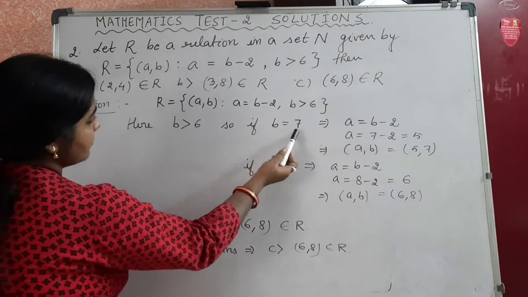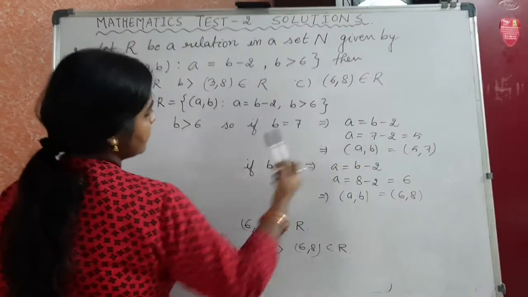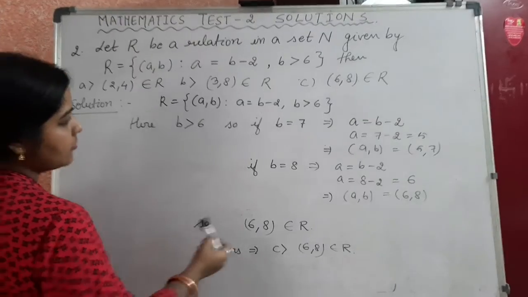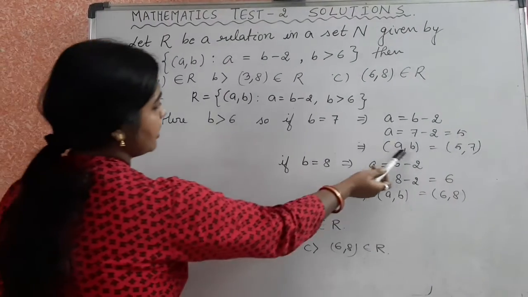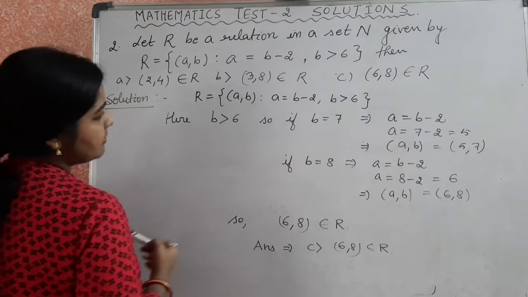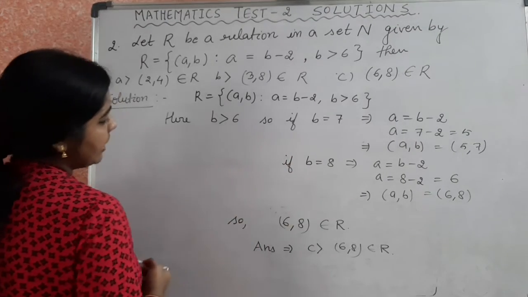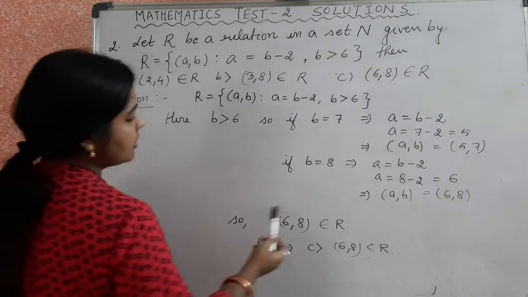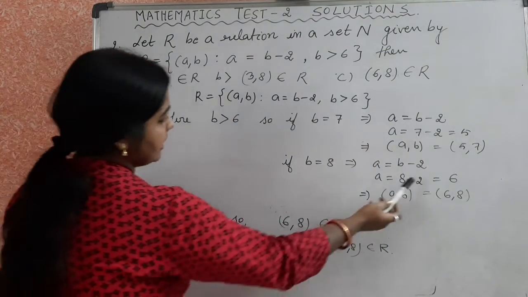If we take b = 7, that is more than 6. So we find a = b minus 2, so a = 7 minus 2 = 5. So (a, b) we are getting is (5, 7). But you can see in the options, this (5, 7) is not given. Next we take b = 8. a = b minus 2, so a = 8 minus 2, so we are getting 6.